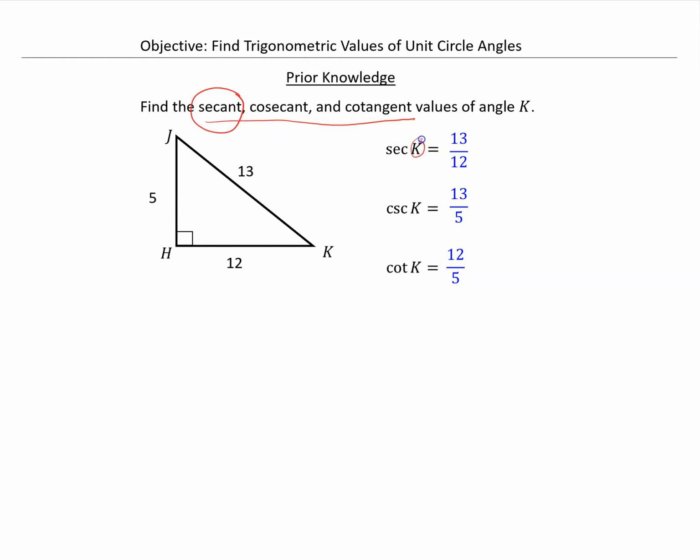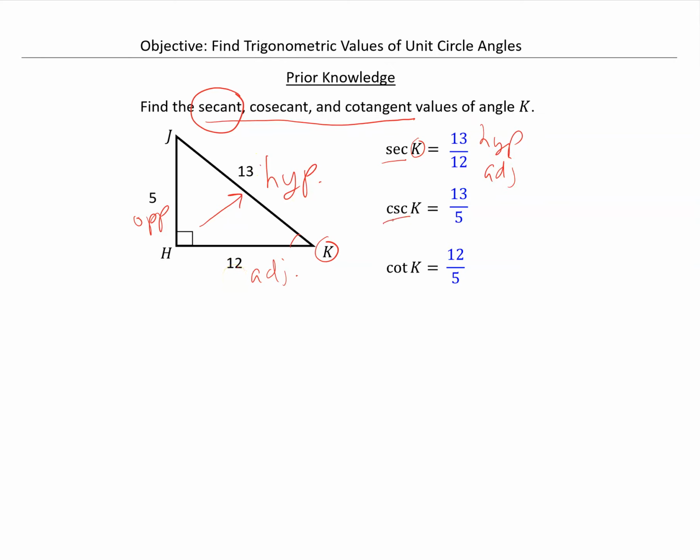Here we're dealing with our angle K, so 13 is the hypotenuse regardless, but for angle K, 12 is our adjacent side and 5 is our opposite side. Cosine is adjacent over hypotenuse, so secant, its reciprocal, is hypotenuse over adjacent, which gives us 13 over 12.